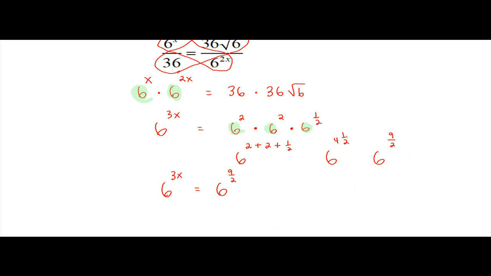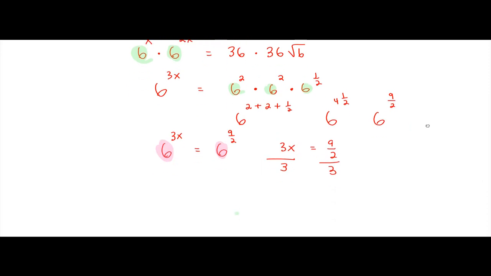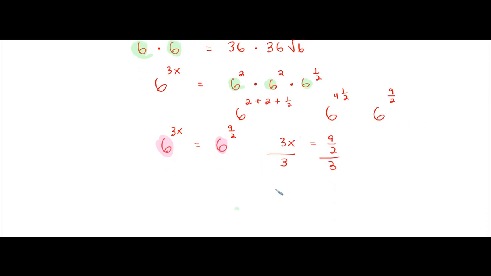So now that we have the same base, 6, we are allowed to say the exponents need to be equal. So that means that 3x is equal to 9 over 2, all right? So when you divide by 3 on both sides, we're going to end up with x is equal to 9 over 2 times, so dividing by 3 is the same thing as multiplying by 1 over 3, right?